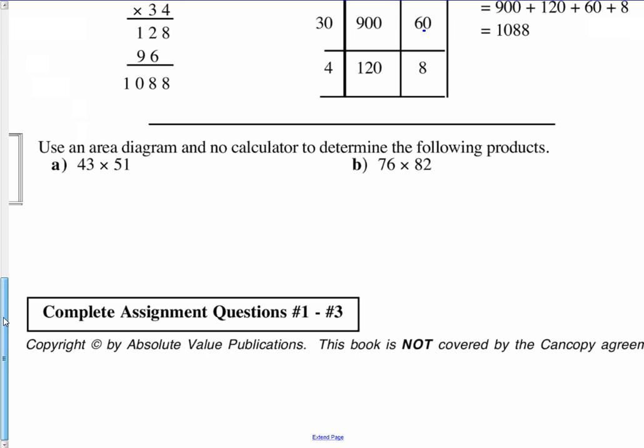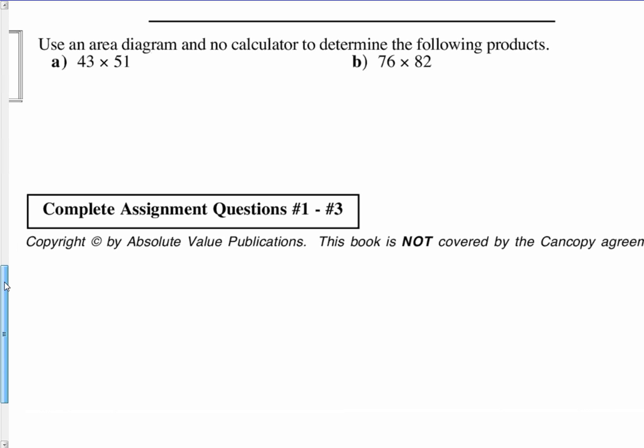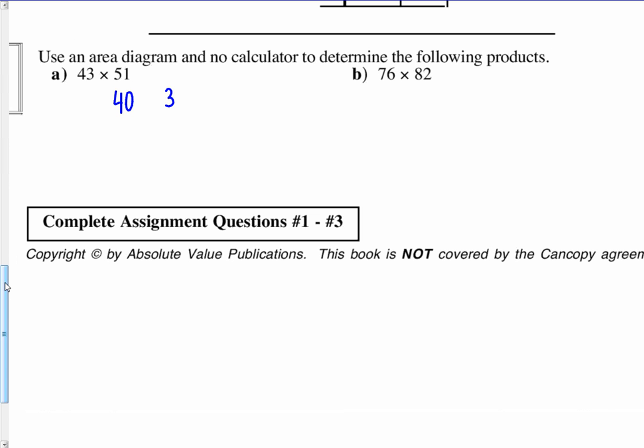So if I wanted to multiply 43 times 51, how could I break it up? 40 and 3. 50 and 1. Okay, let's use our heads, not a calculator. What's 40 times 50? 2,000, right? 5 times 4 is 20, and then the 2 zeros. So Marcus, we go 5 times 4, which is the 20, and then we add each zero into it.